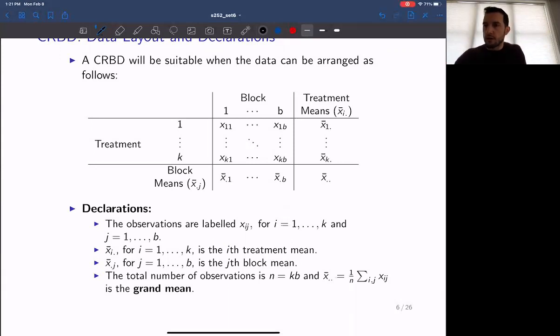So for every treatment and block, you get one measurement. So this is what the X11 is here. This is just a measurement of the response variable. We let little b count the number of levels of the block.